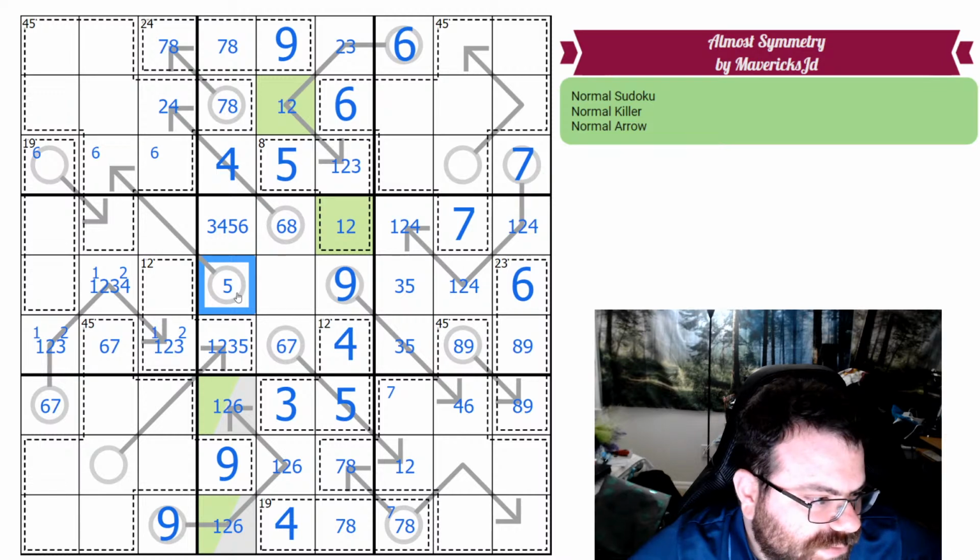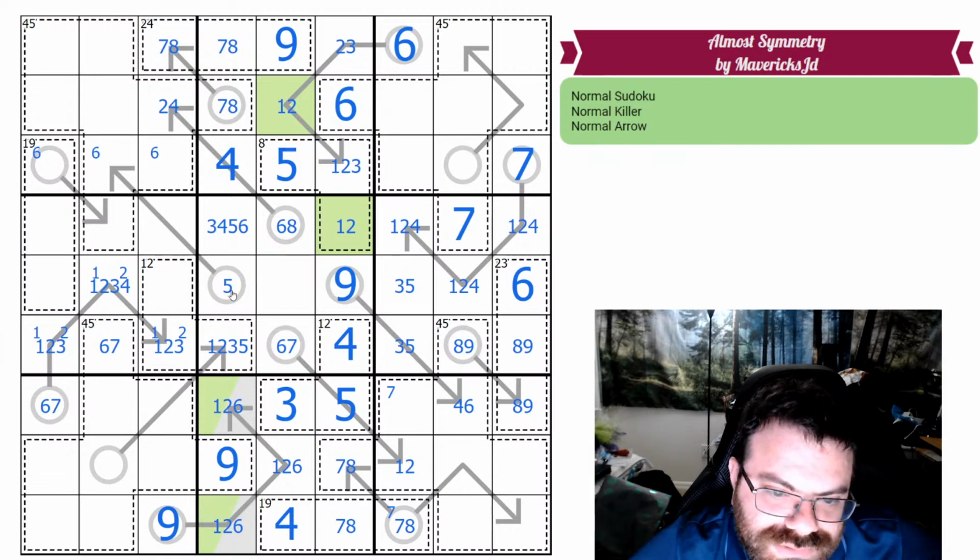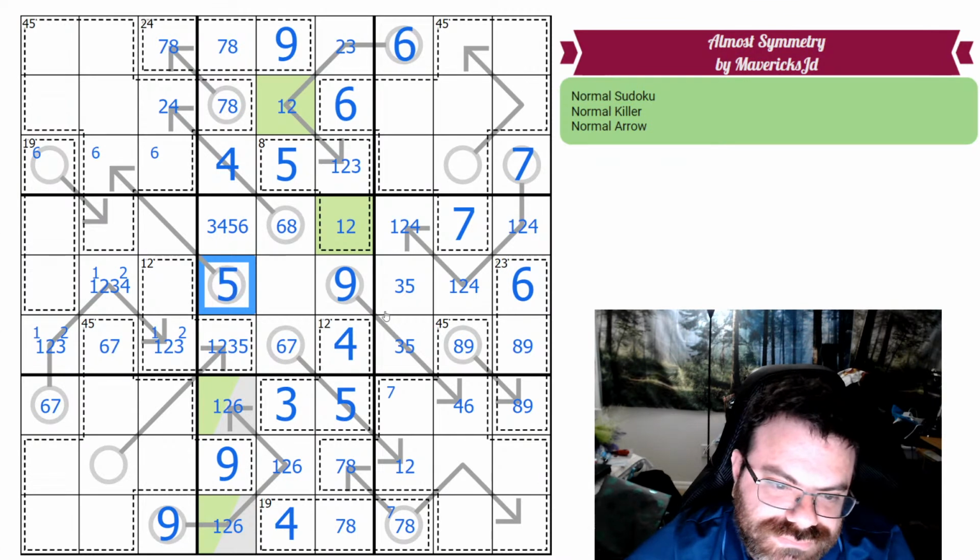So this is minimum 3, can't be 4, could be 5, can't be 6, 7, 8, or 9. So this is 5. This is a 3 or a 4. And this is then therefore a 1 or a 2.